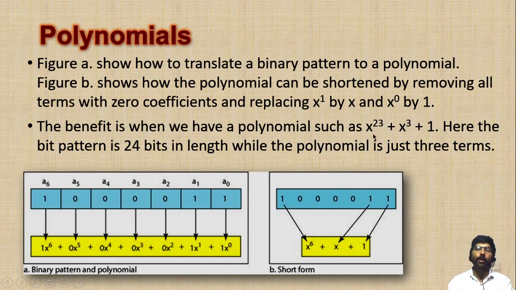That means the 24th bit, the 4th bit and the second bit are 1 and the remaining bits are 0. It is easy to represent large patterns of bits in this fashion. Lengthy 24 bits can be represented using only these simple 3 terms. Okay, this is called polynomials.